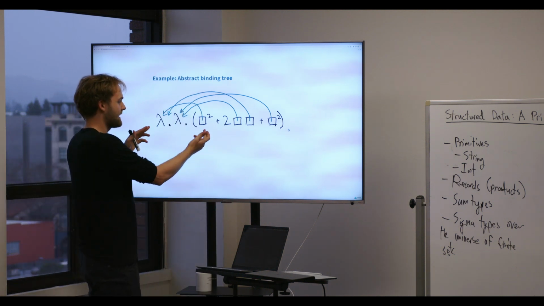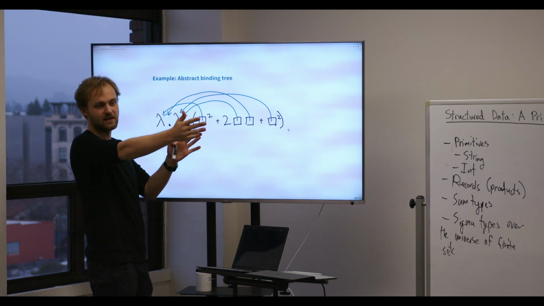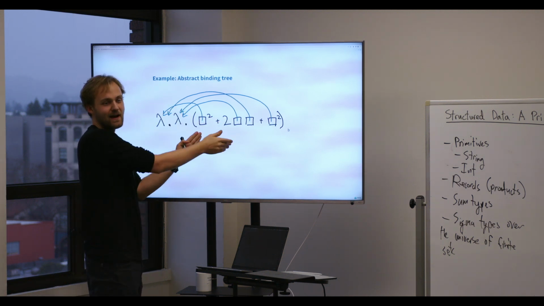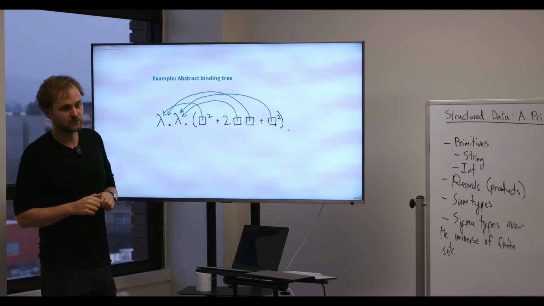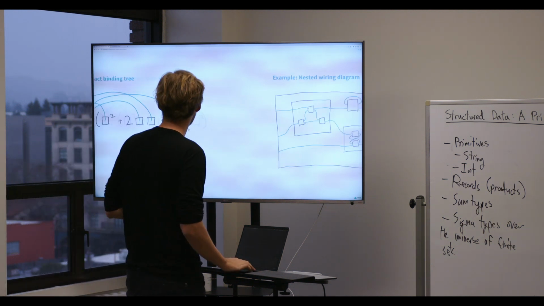But actually being able to type, to say in your data type, every time I have a variable, that should actually be a valid reference to an earlier binder. That's like a data structure that refers to itself.